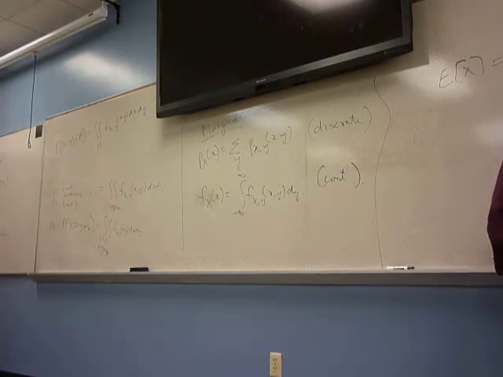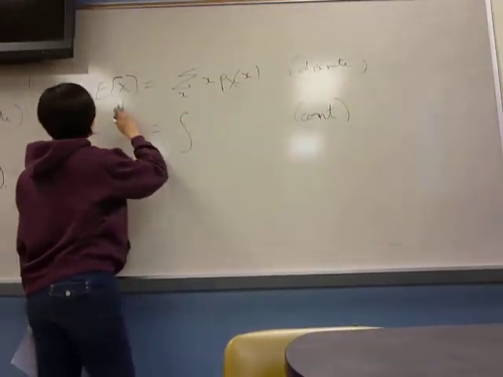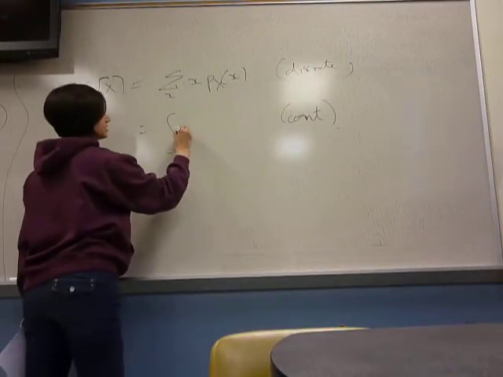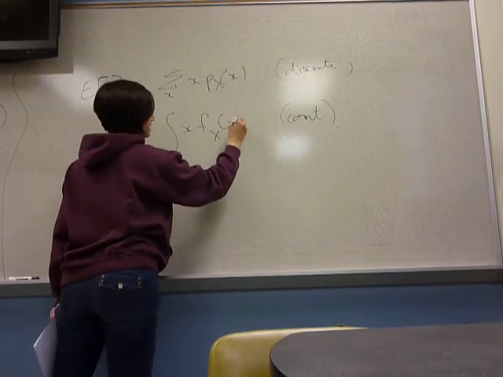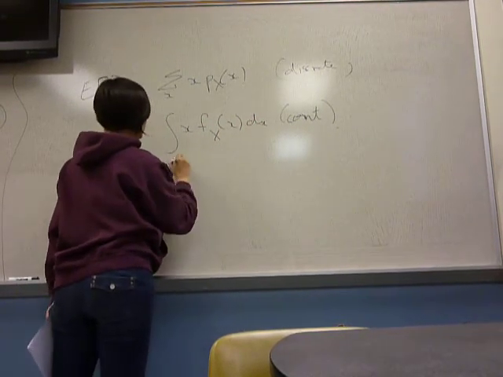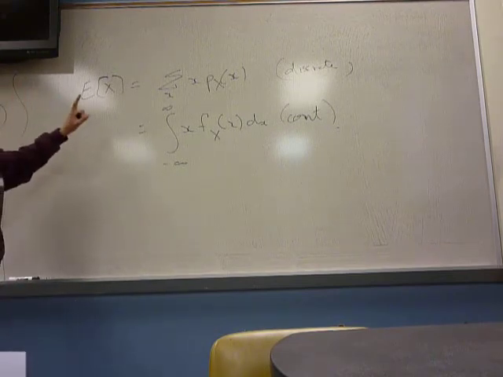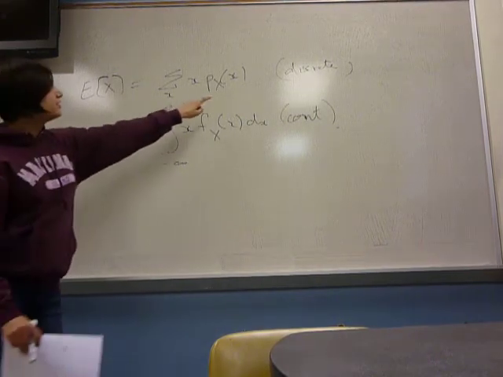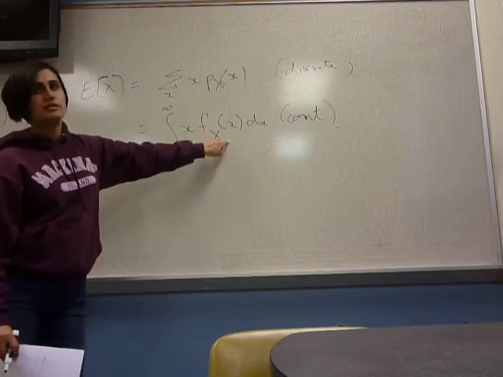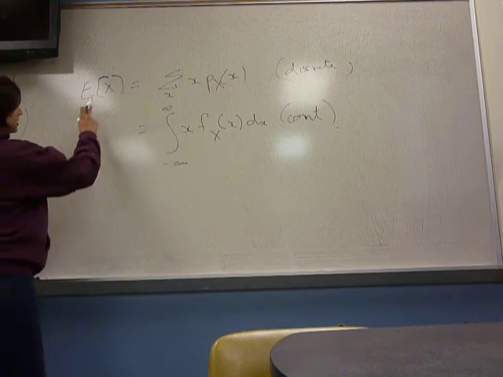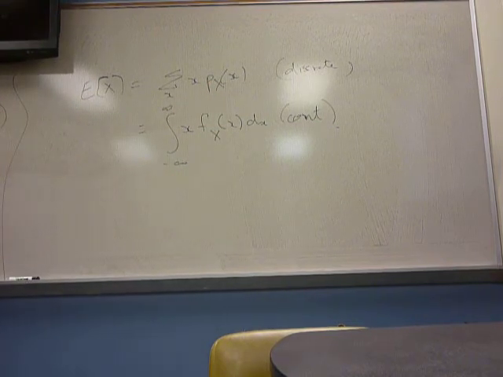So that's for discrete. Continuous: here I want the expectation of X. If I give you the joint probability mass function or density function, you first need to calculate the marginals, so that you can use them in your definition of expected value.